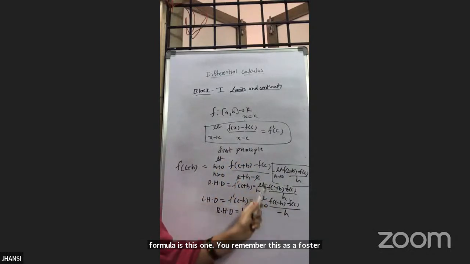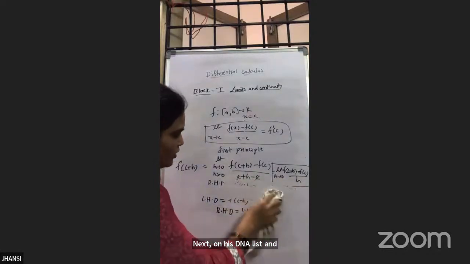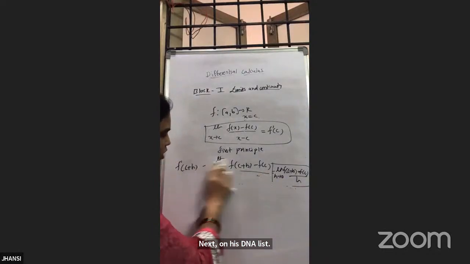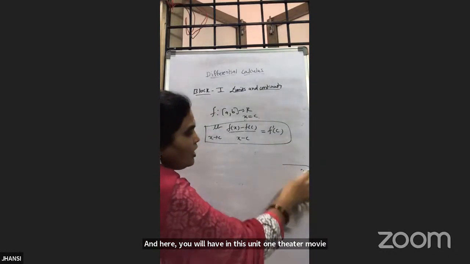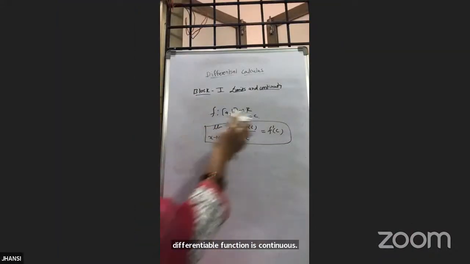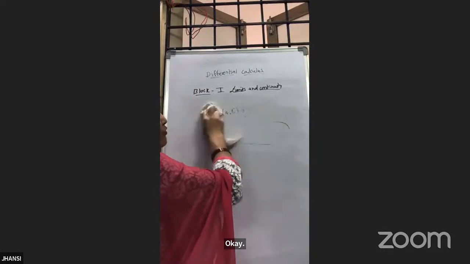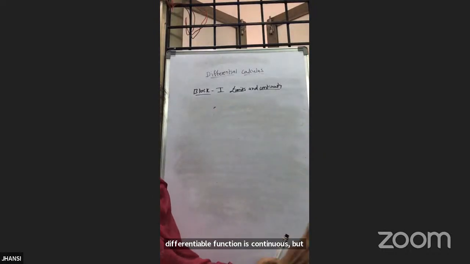Next, RHD and LHD. In this unit, only one theorem is there: every differentiable function is continuous. You understand the meaning of this. Every differentiable function is continuous, but the converse is not true.